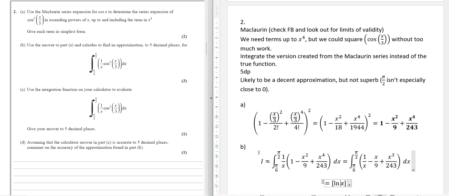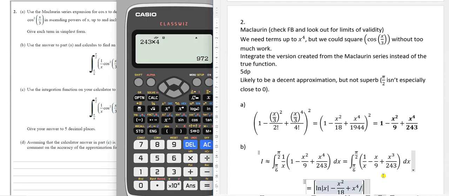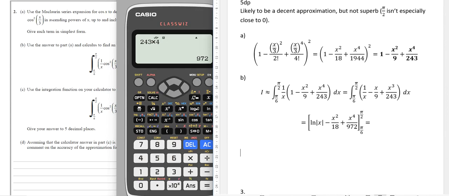I'll get ln of x minus x squared over 2 over 9 plus x to the 4 over 972, and I need to be integrating that between the limits given.